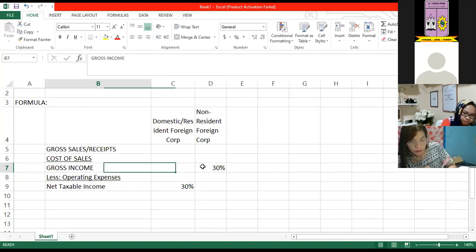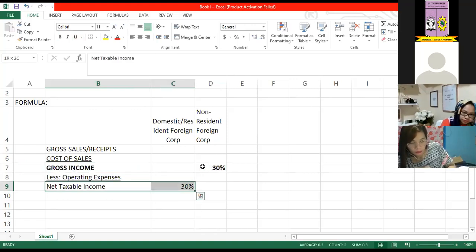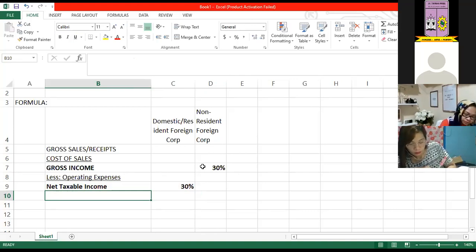So that is the difference between the two. So domestic or resident foreign corporation, yung 30% nakabase sa net taxable income. But for non-resident foreign corporation, yung 30% nakabase sa gross income. Okay?